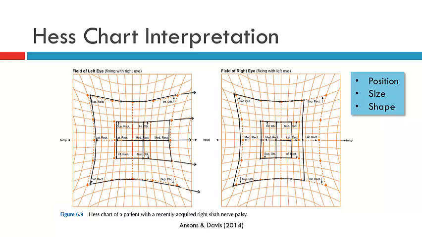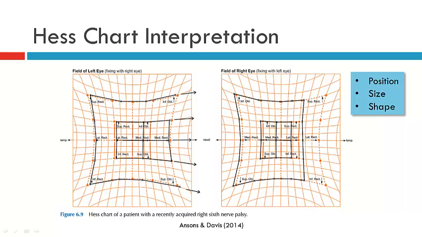Now in terms of position, if we look at the primary position, we have an eso deviation when looking at the right eye and fixing with the left. And here we also have an eso deviation when the patient is fixing with the right. What we see is that the deviation of the right eye is 5 degrees, but when the patient fixes with the right eye, the deviation is 5, 10 degrees.